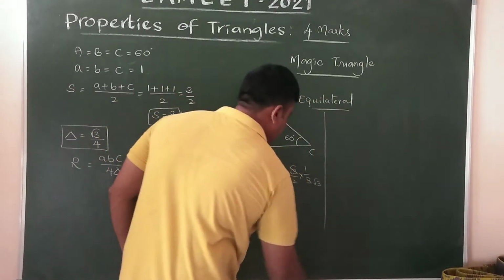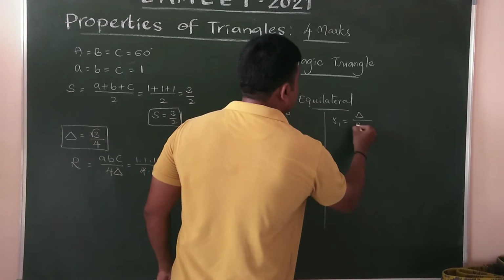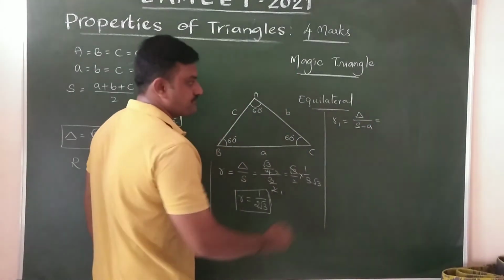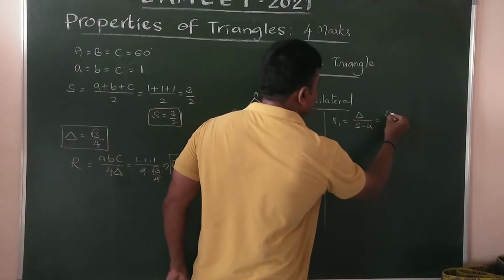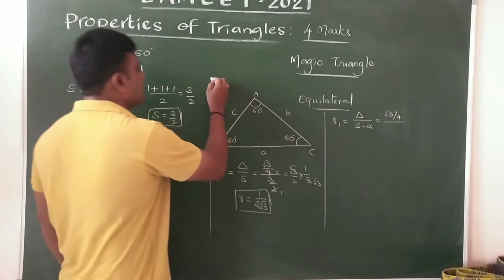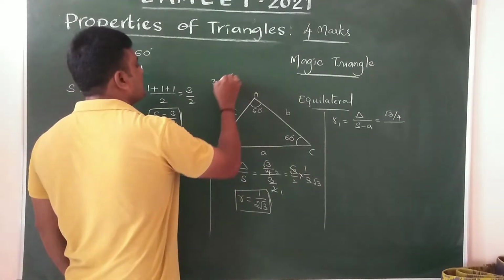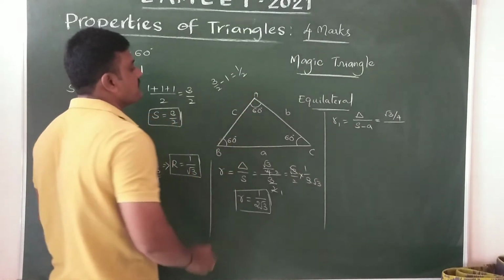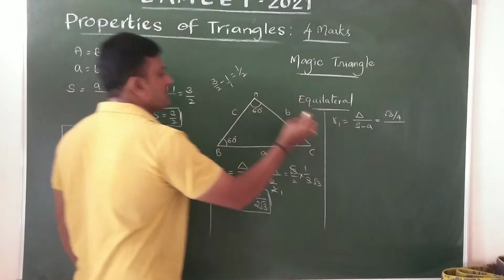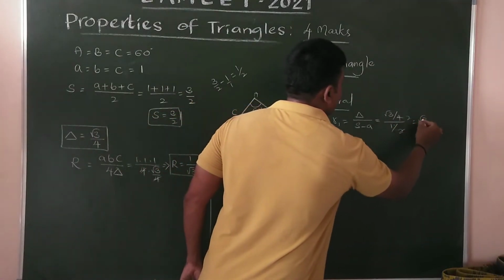And small R1 equals delta by s minus a. Then delta equals root 3 by 4. Then s minus a, 3 by 2 minus 1, that is nothing but 1 by 2. The 2s cancel, then that equals root 3 by 2.